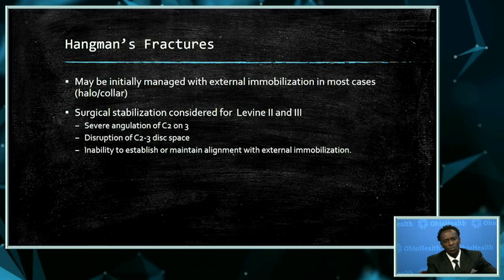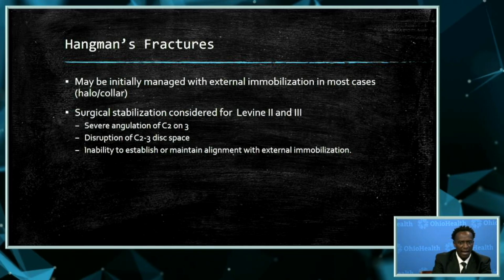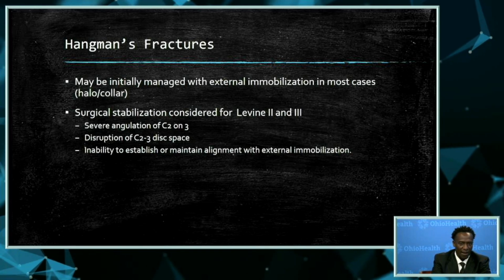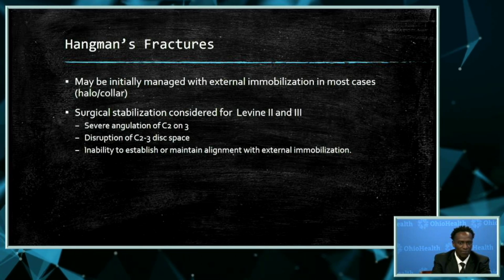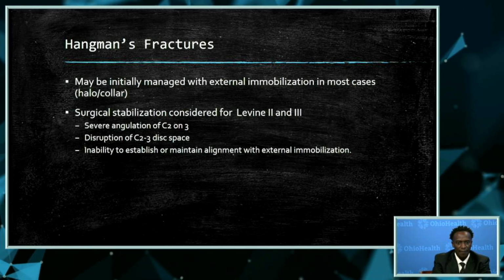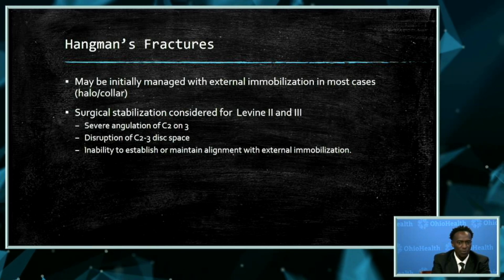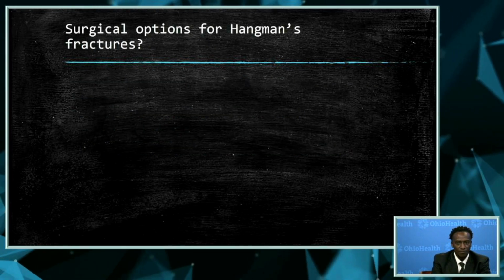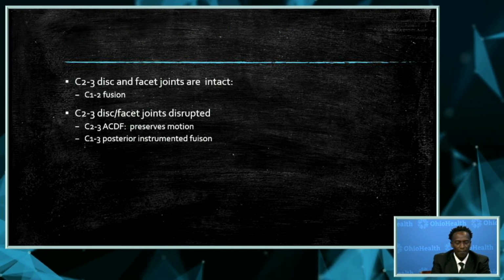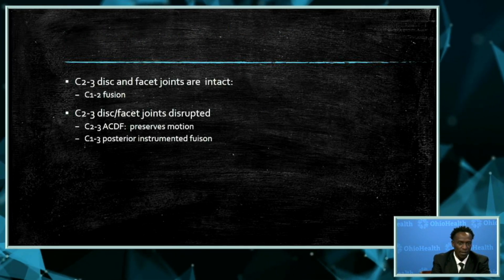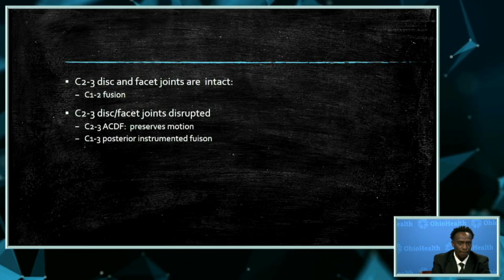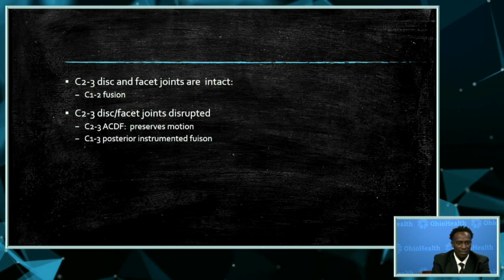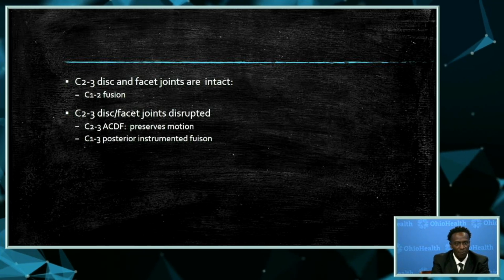So most of these can be managed with external immobilization, and surgery is considered for the type 2 and type 3, where you have severe angulation of C2 and C3, and there's disruption of the C2-3 disc space. Surgical candidates would also be those who you've tried external immobilization on, but they failed. So the surgical options will be a C2-3 ACDF, and the benefit of this is that it will preserve motion.